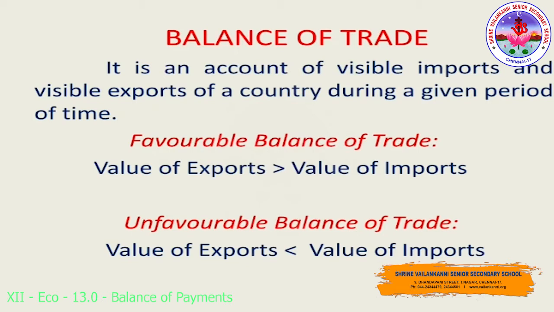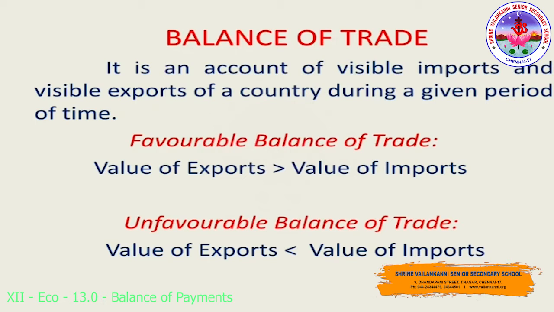It will be a favorable balance of trade when the value of exports is greater than the value of imports. If a country exports more goods than it imports, then the balance of trade is said to be surplus. That is, the balance of trade is favorable for the country.